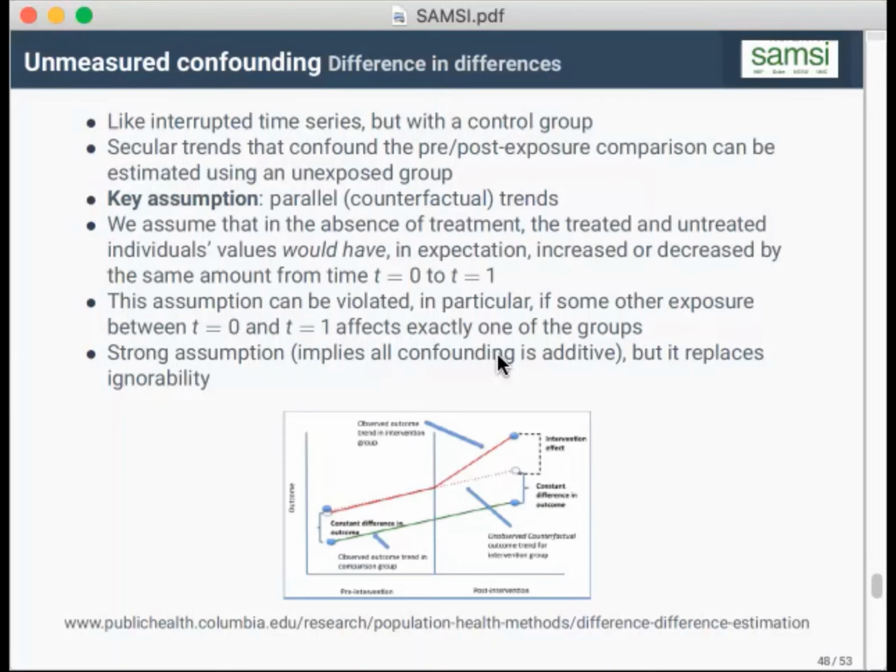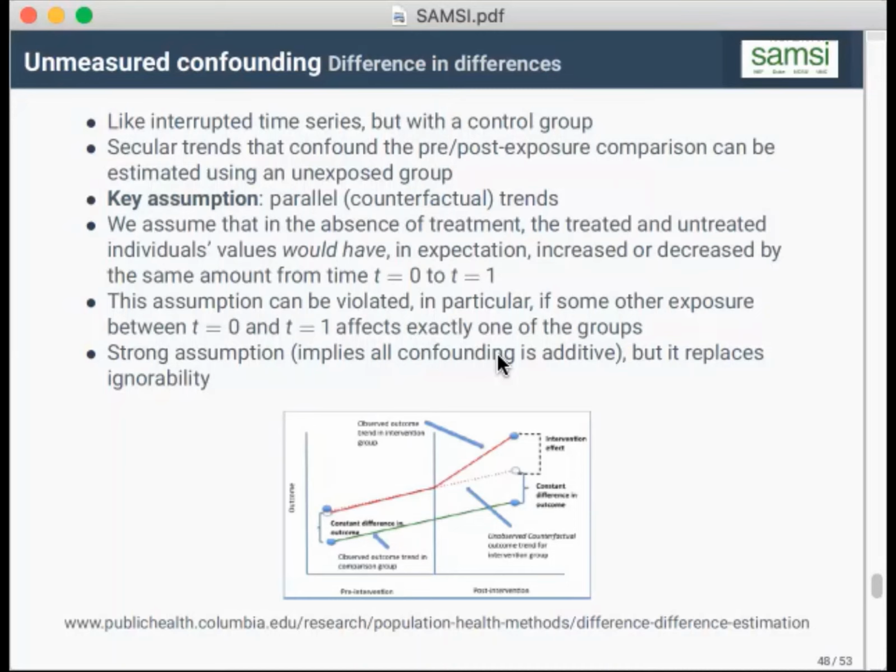The key assumption there is the assumption of parallel trends. This is the assumption that in the absence of treatment, the treated and untreated groups would have had parallel time trends. And this assumption is stronger than it might appear at first.